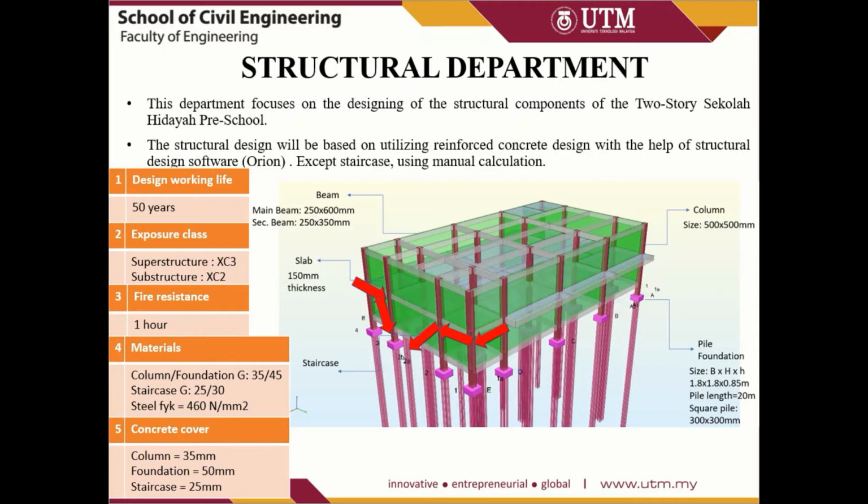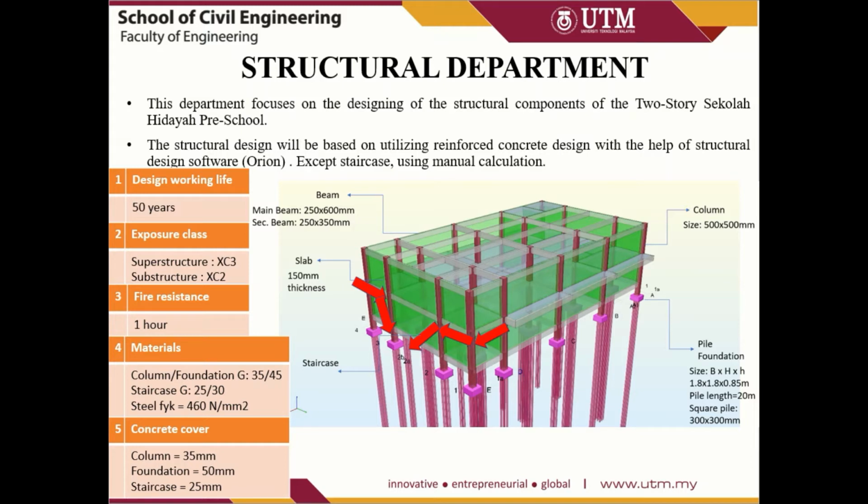For staircase, we use grade 25/30, while for column and foundation we use grade 35/45. The staircase we use lower grade than column and foundation because it is a non-structural member and we can save the cost of material.